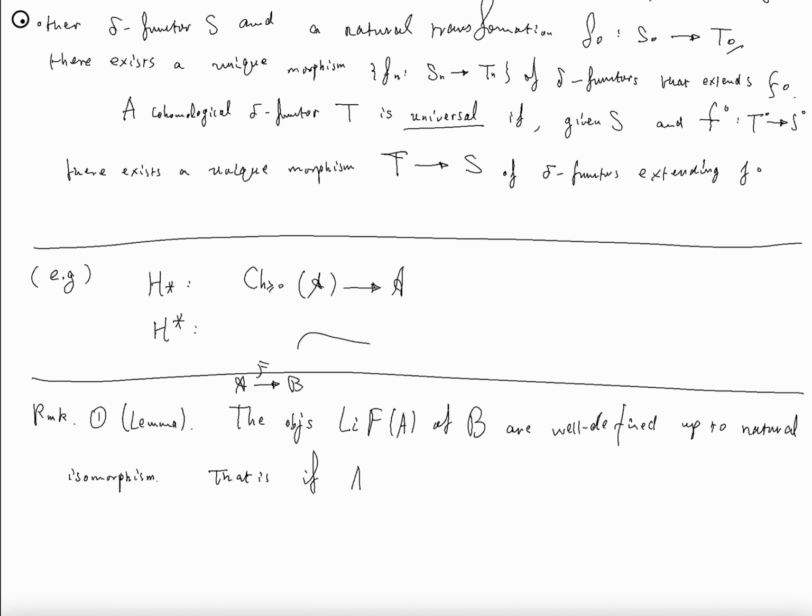if you have Q to A as a second projective resolution, then there is a canonical isomorphism.